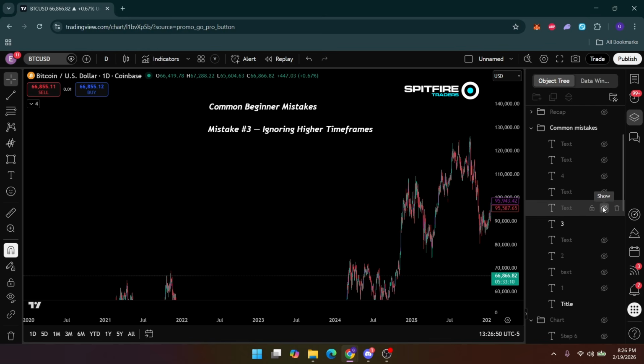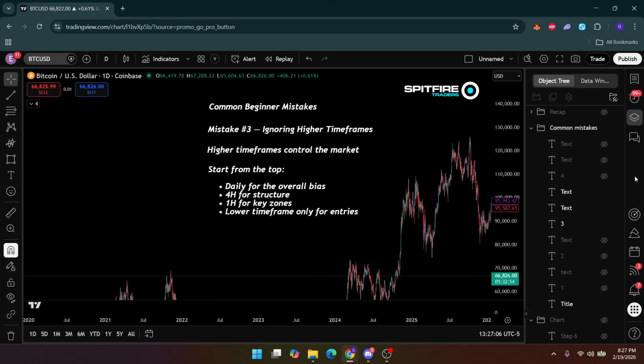Because here is the truth: higher time frames control the market. The daily and 4-hour charts are where the biggest money is making decisions. And that's what price respects the most. That's why professional traders always start from the top. Daily for overall bias, 4-hour for structure, 1 hour for key zones, lower time frame only for entries and confirmation.